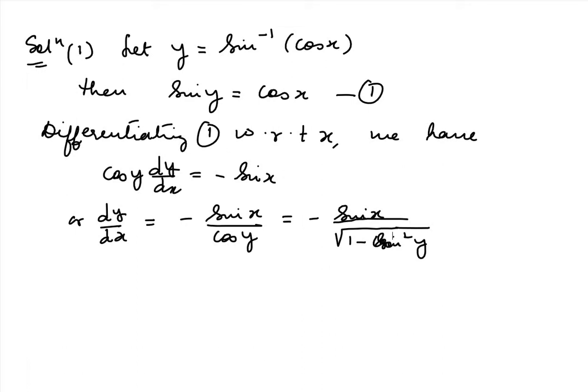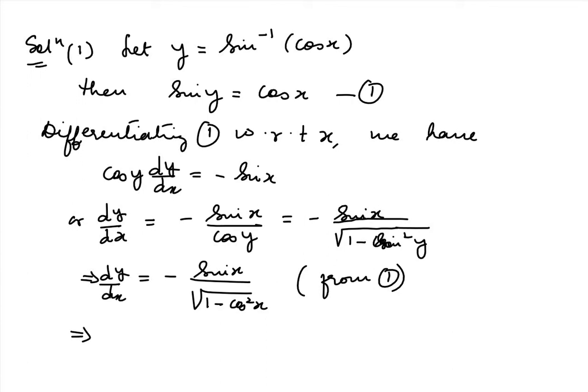But we have from equation 1, what is sin y? It is cos x. So you can replace this sin y by cos x. So it will become 1 minus cos square x. So this implies that dy dx is equal to minus sin x divided by square root of 1 minus cos square x.